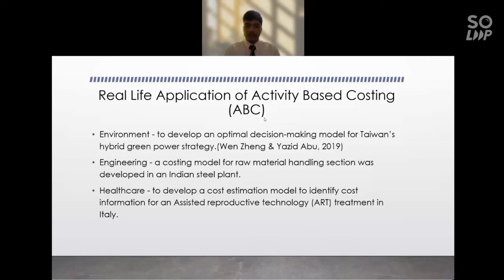The result obtained from this model was that the actual cost information of the particular treatment has been clearly defined. Management was also allowed to set up an efficient budget in order to maintain the efficiency of the particular treatment. The particular treatment was even improved by eliminating inefficient activities and resources.